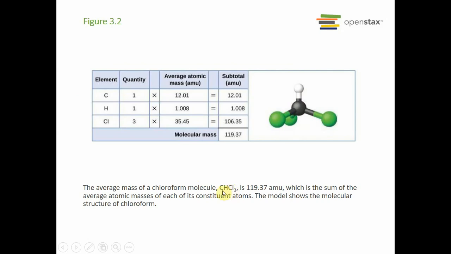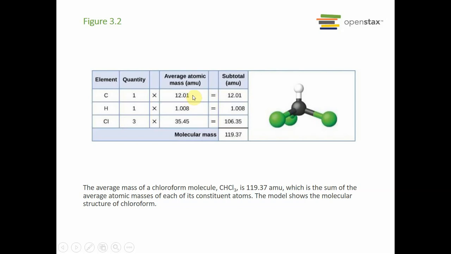So here we have carbon tetrachloride. I'm sorry, we've got chloroform, excuse me. Carbon with a hydrogen and 3 chlorines. So you take the 3 chlorines with this atomic weight equals 106.35. The hydrogens, which is only 1.008, and the carbon, which has an atomic mass of 12.01.